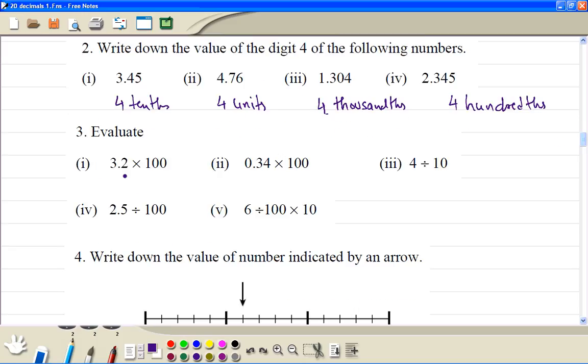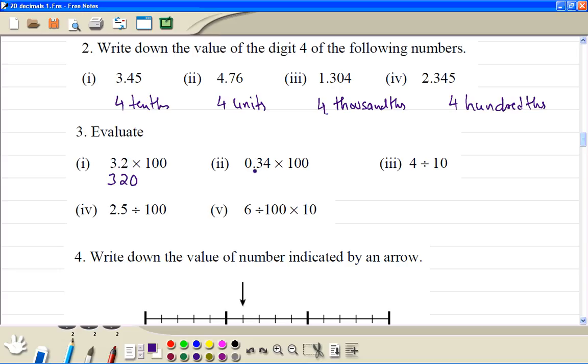Times by 100, move the decimal to the right 2 places. So 3, 2. When we move one position, then the second one, there's a gap, we put a 0 for it.